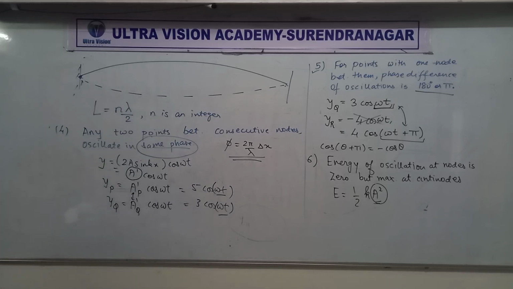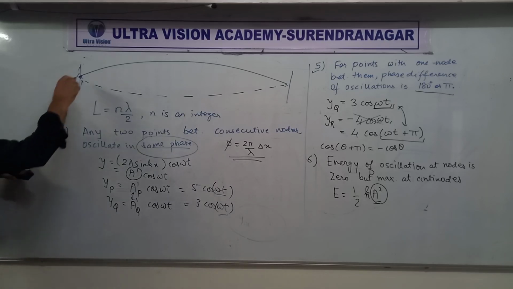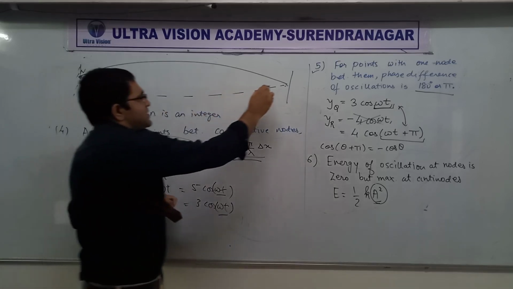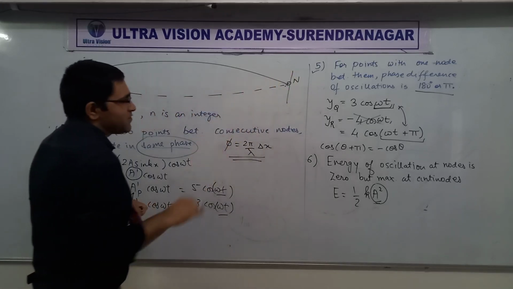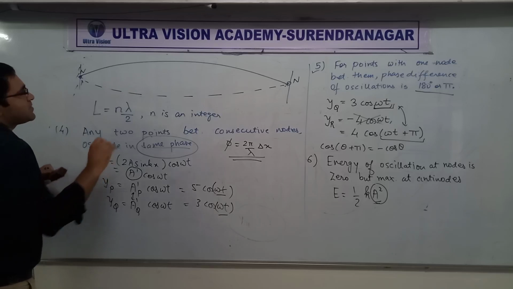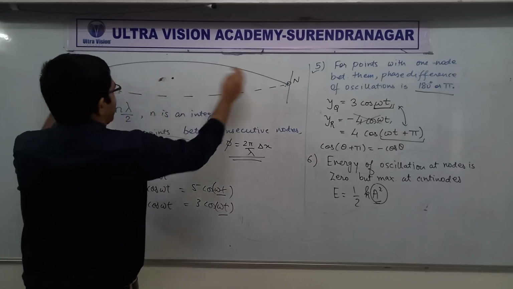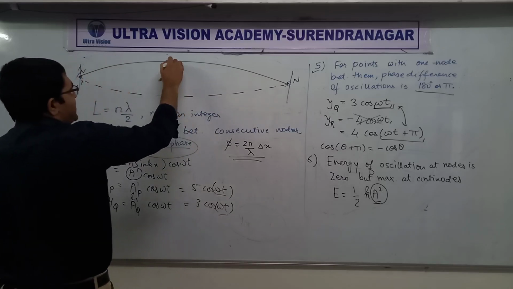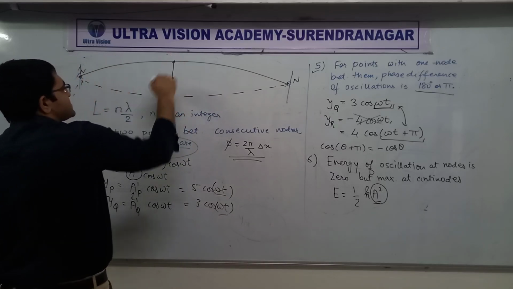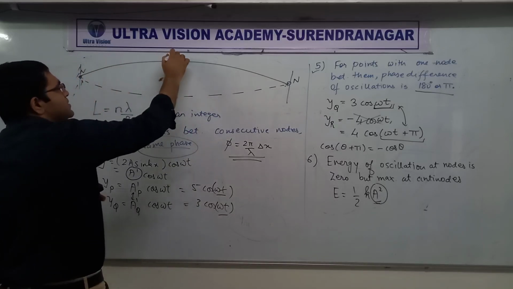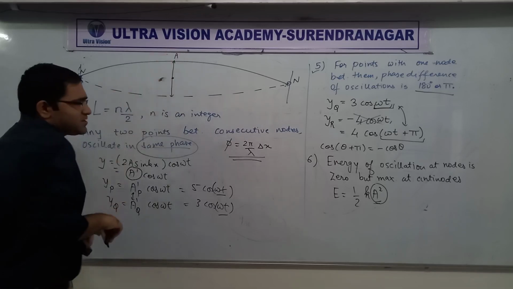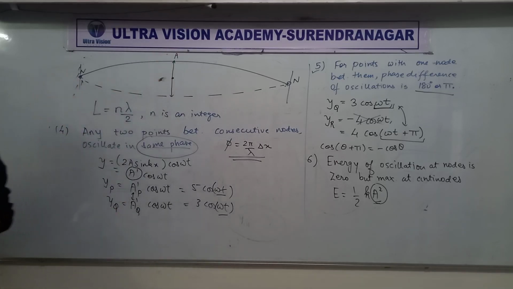If we look at different points, this is of course a node and this is a node, they don't have any energy of oscillation, no problem. But here in the middle, at the midpoint of these two nodes, we are going to have the antinode. So that antinode is vibrating maximum. You get what I am saying? That antinode is vibrating maximum.